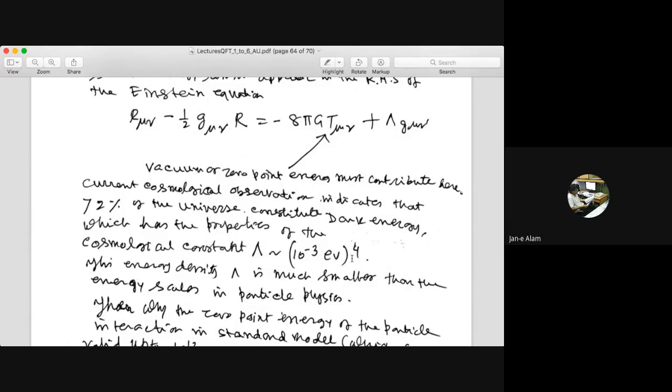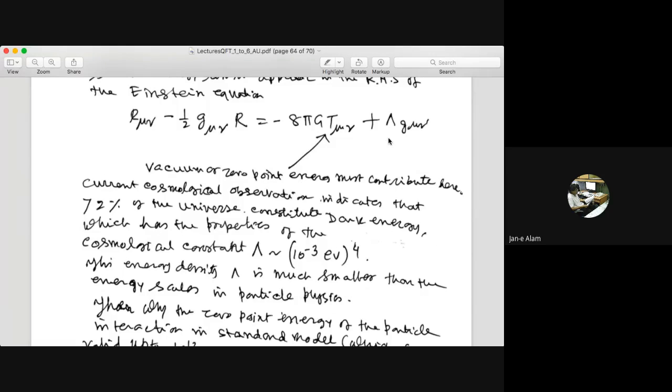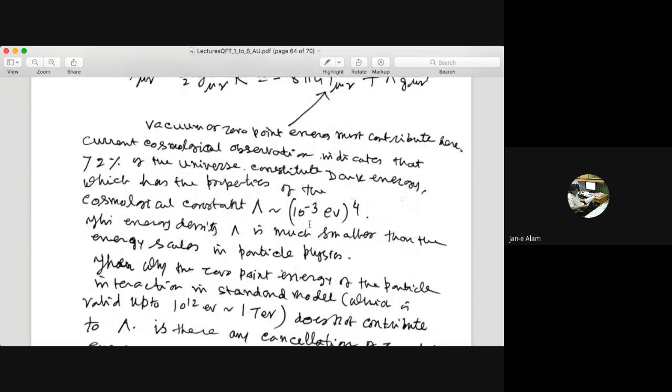And that dark energy has the characteristics of this lambda. Whether that vacuum energy is contributing to this lambda is a question you can ask, but the value of lambda is very small, 10 to the minus 3 electron volt to the power 4.